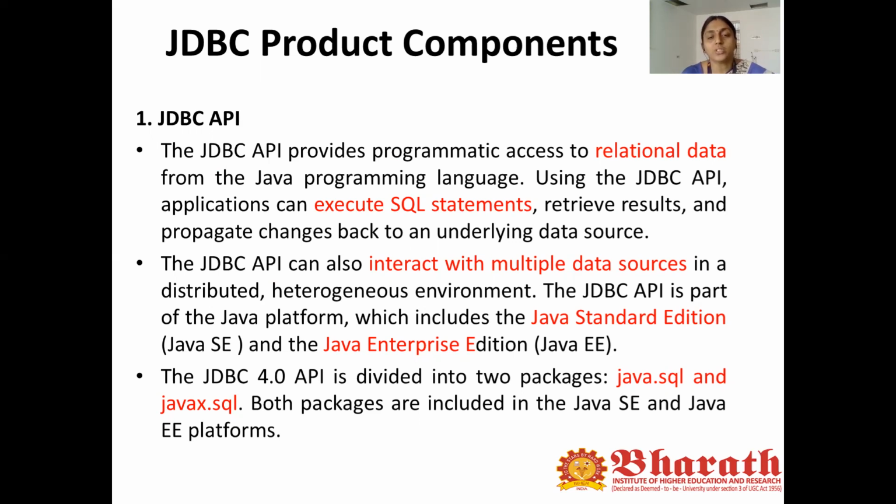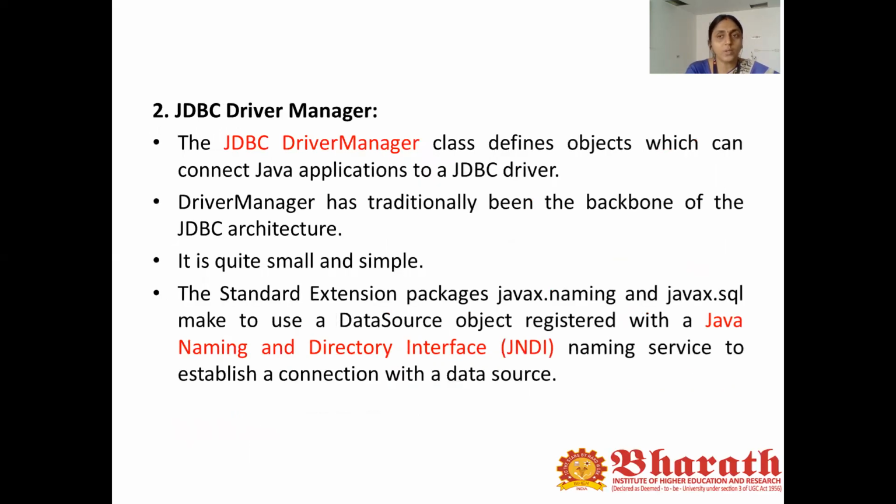Both packages are included in the Java SE and Java EE platforms. So the JDBC API is a part of the Java platform, and it includes the packages of the Java Standard Edition environment and the Java Enterprise Edition environment. And the two packages used are java.sql and javax.sql, mainly for retrieving the data from the data sources.